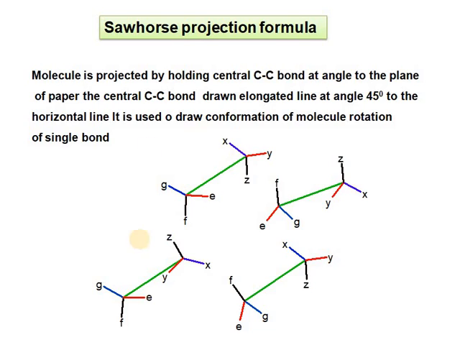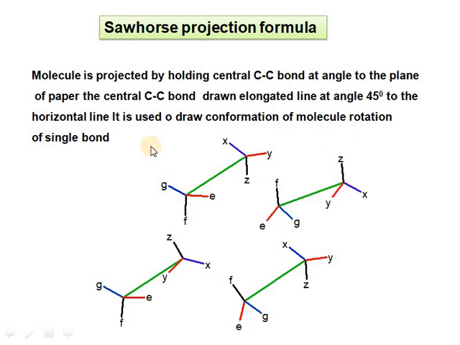The central C-C bond is drawn as an elongated line at 45 degrees to the horizontal line. In the Sawhorse formula, the C-C bond is at an angle to the plane of the paper, and the central C-C bond, that is the green color bond, is drawn at a 45 degree angle to the horizontal line.